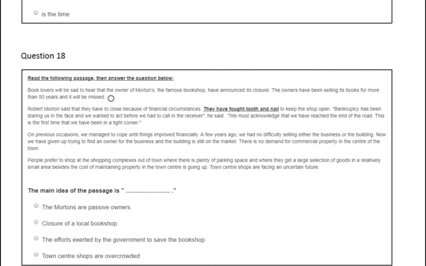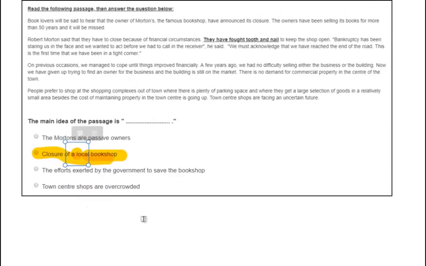It is mostly the first sentence in the paragraph. From it, you can know the main idea of the whole paragraph, the idea that the writer wants to introduce to you. So the main idea of the passage here is the closure of a local bookshop.